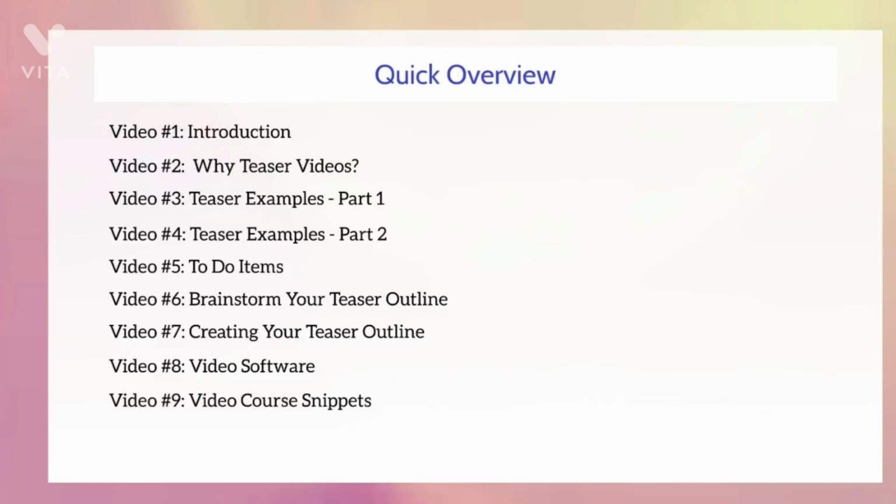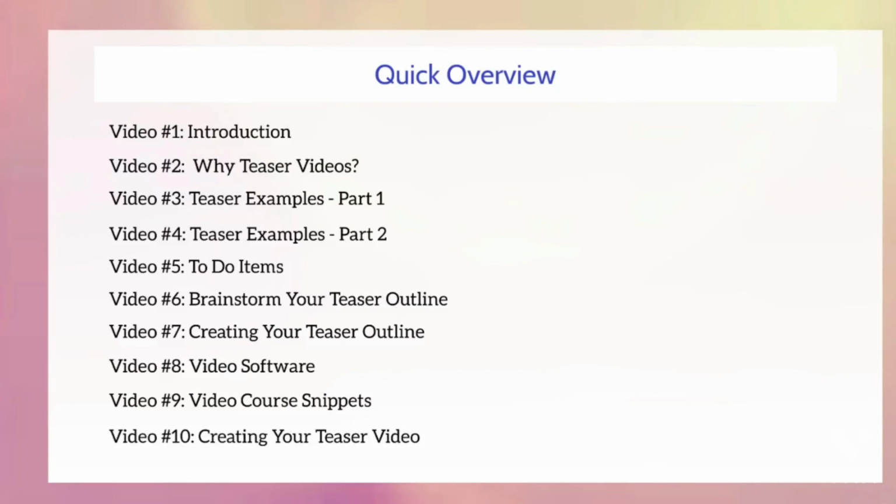And of course, video number 9 is video course snippets. Essentially, we are going to look at the video course as a whole and take snippets of the highlights that we can put in our teaser video. And of course, video number 10 is, last but not least, the creating of your teaser video.